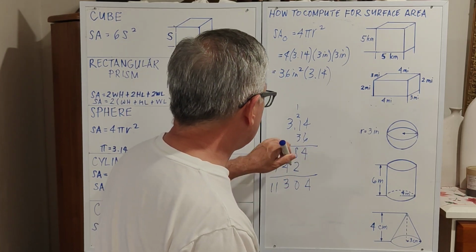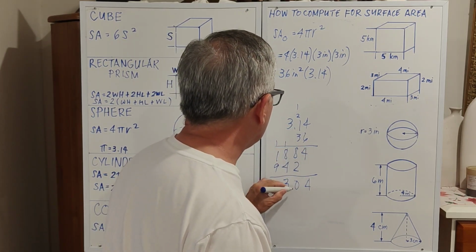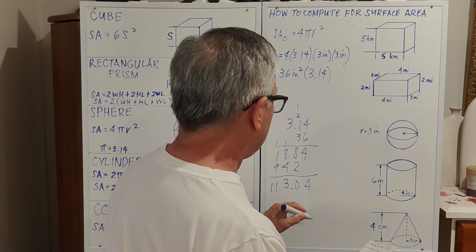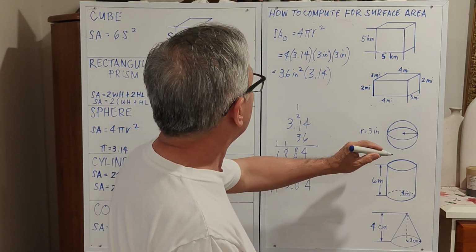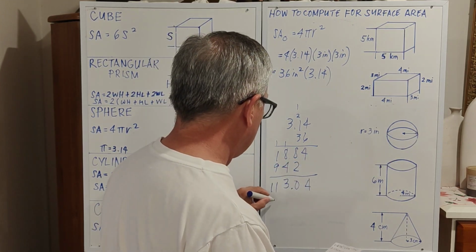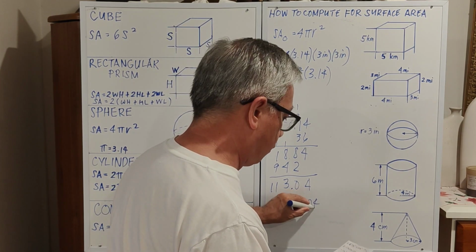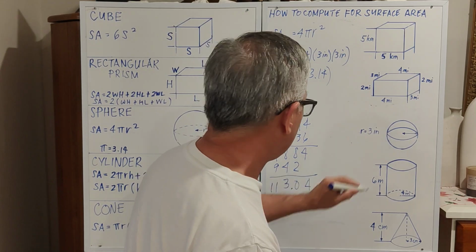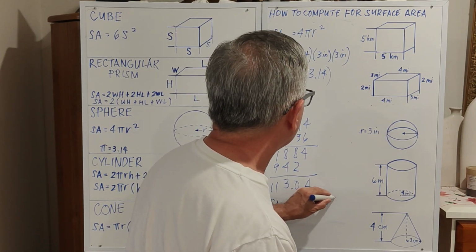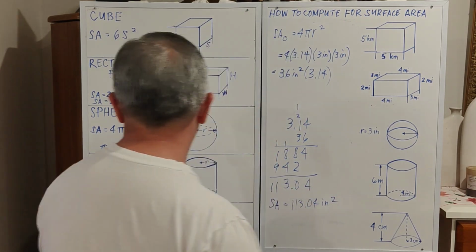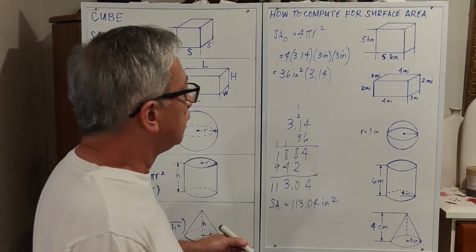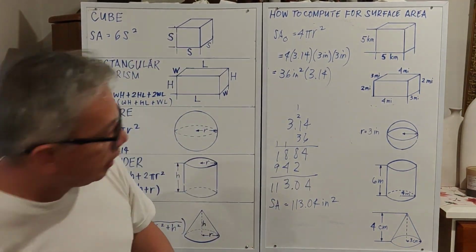So 2 decimal places, this is the decimal point. The surface area of the sphere is 113.04 inch squared. That is for the sphere.